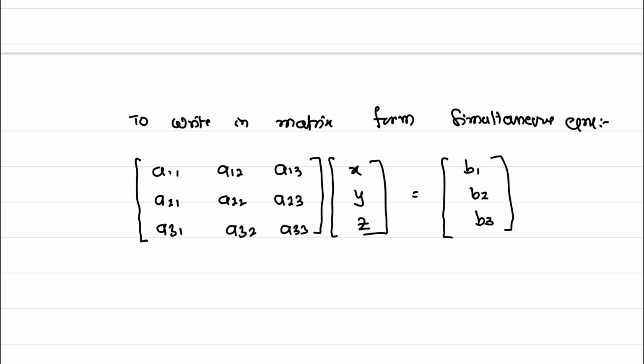When you multiply, this whole is matrix A. This is matrix X, the variable matrix. This is the constant matrix B. Let us say AX is equal to B. X can be found out when A has an inverse.